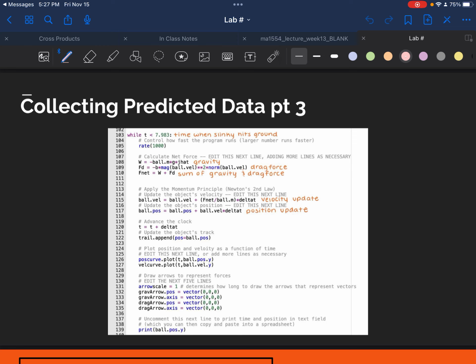And this is because there's no longer any tension force acting on the slinky, as the slinky has been fully compressed and now it is falling as a whole object. And the drag force calculation is just the same equation that I showed on the first slide, using the same B constant that I showed on the next slide. And next, I calculate the net force acting on the slinky by adding together the gravitational and drag forces. And finally, just like with the other while loop, I included the equations to solve for the updated velocity and position points of the system.